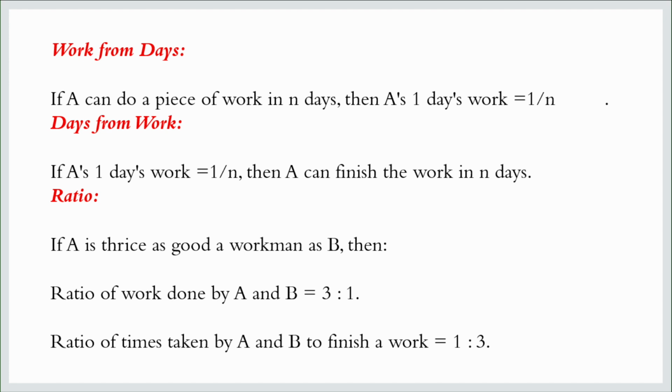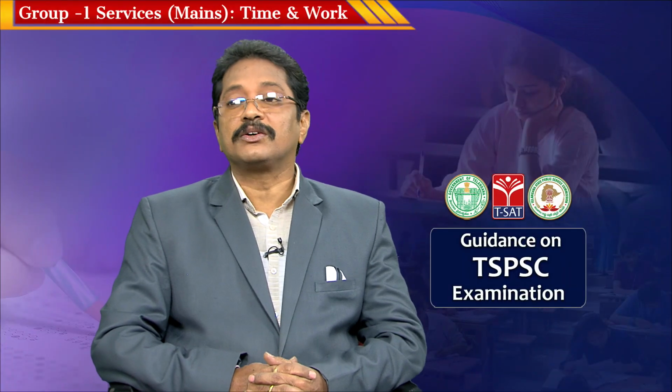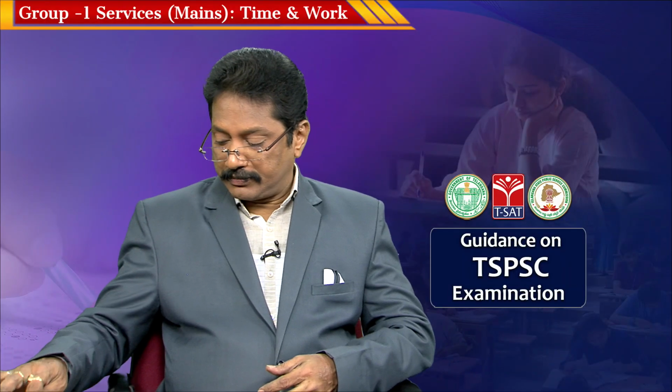This is very important, so keep this point in mind. The ratio of work done by A and B is 3:1, then the ratio of the time taken by A and B to finish the work is 1:3. You have to remember these very important key areas. These are the 3 areas, now we are going to discuss the points.